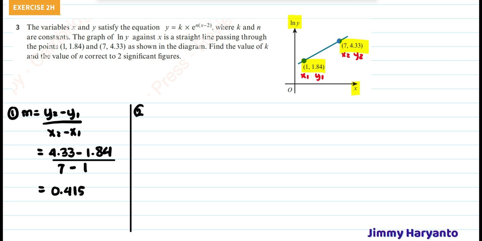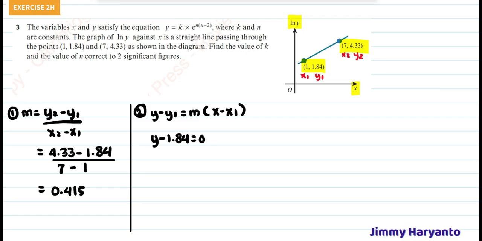0.415. And then the second is y minus y1 equals m times x minus x1. Y minus 1.84 equals the gradient 0.415 times x minus x1, which is 1. And then let's simplify this one.